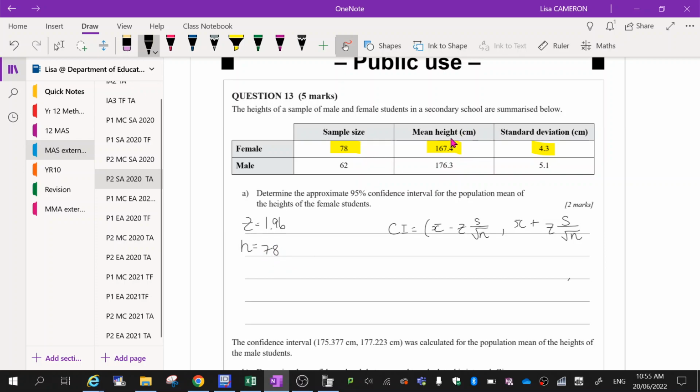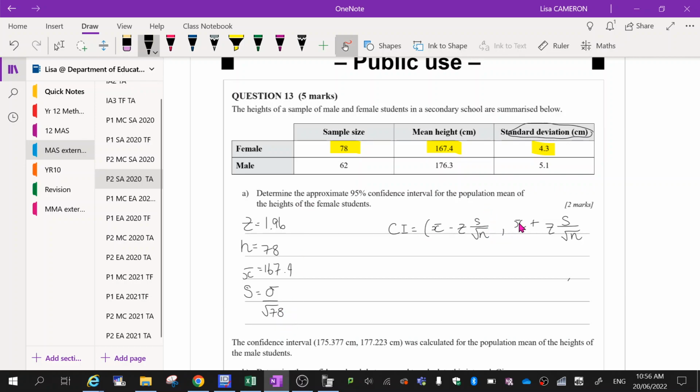The mean that they've given us here is 167.4, so we're going to be using that one. And our standard deviation that's given to us here is our population standard deviation. So we're going to be looking for our sample deviation, which is calculated using central limit theory. So it'll be the deviation divided by square root of 78.